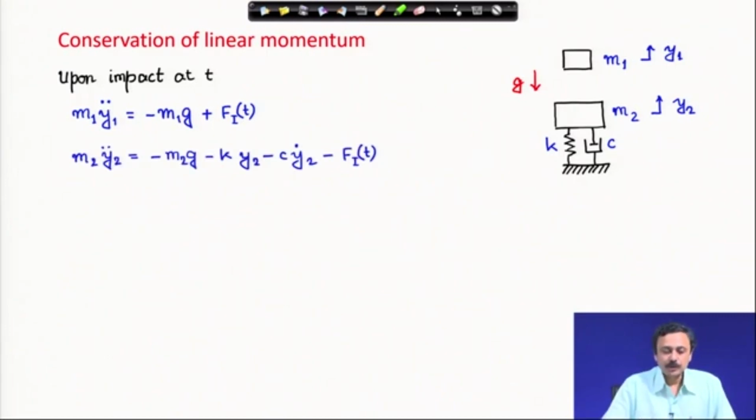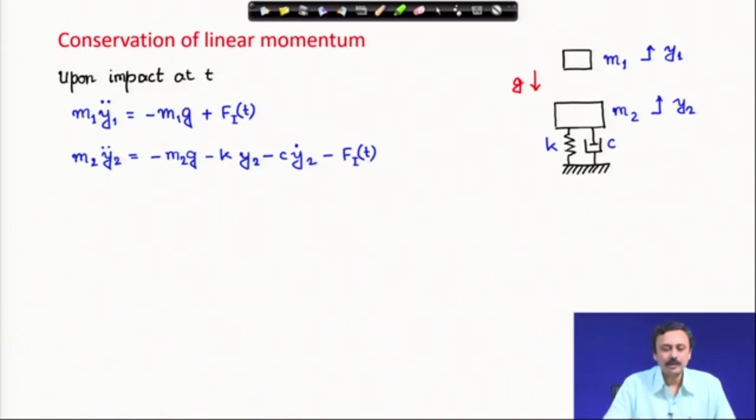The equation of motion for the second mass point is m2 y2 double dot equal to the weight, minus m2 g, minus k y2, because if it goes up by y2, this spring is going to pull it back. If it has a velocity upwards y2 dot, then the viscous dashpot will pull it back with a force minus c y2 dot.